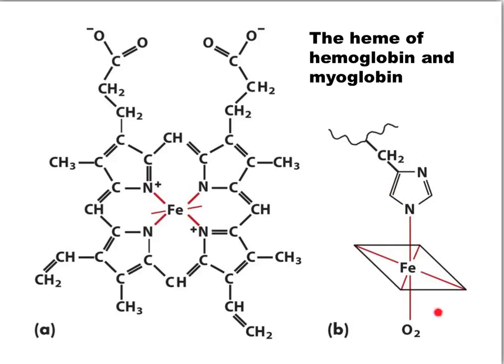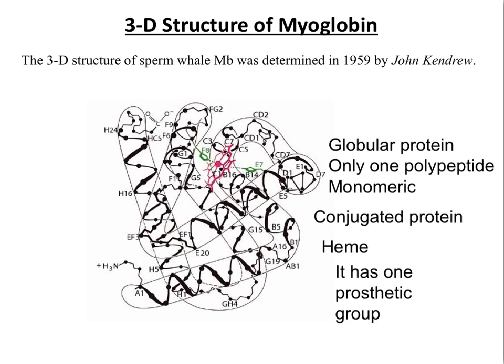This is just a cartoon representing the heme where oxygen is going to bind. When the organic molecule required for function of the protein makes a covalent bond with a polypeptide, this is called a prosthetic group. The heme in myoglobin is a prosthetic group because it is making a bond between the iron part and the histidine.